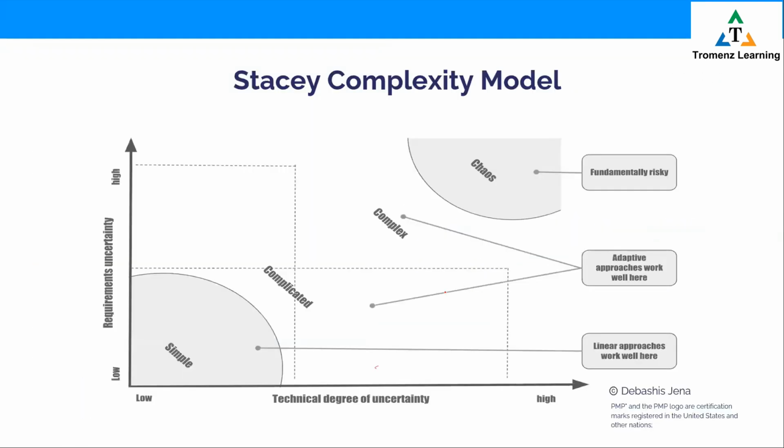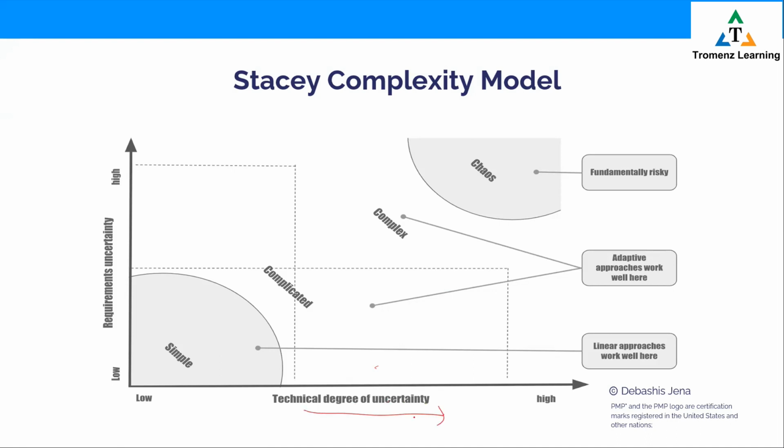Okay, this one is the Stacey complexity model. Here is another guideline on what kind of life cycle would be suited, basis these parameters. Look at this model. The x-axis is technical degree of uncertainty.